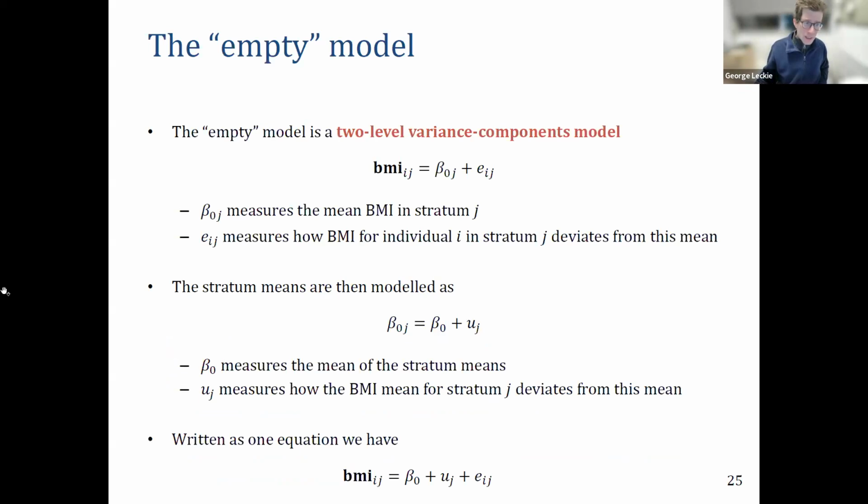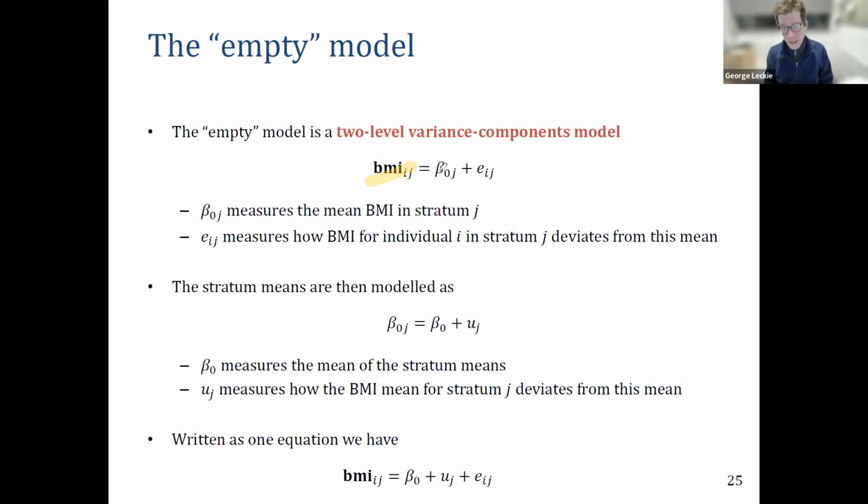So let's plunge into some model equations. I'll walk you through it carefully because I understand not everyone likes equations. The model starts off like this. We have a dependent variable, outcome, BMI sub ij, the body mass index score for individual i in stratum j.